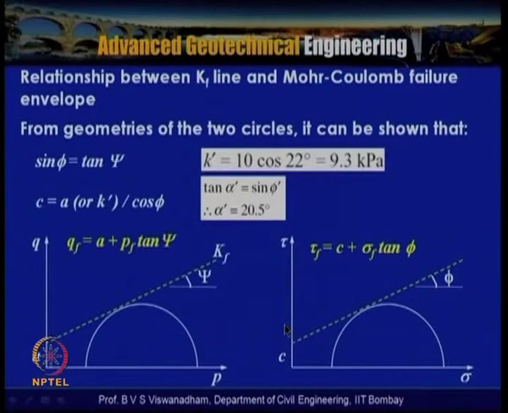Now we have been asked to determine K dash and alpha dash. We know that we have a relationship between the Kf line and the Mohr Coulomb failure envelope.